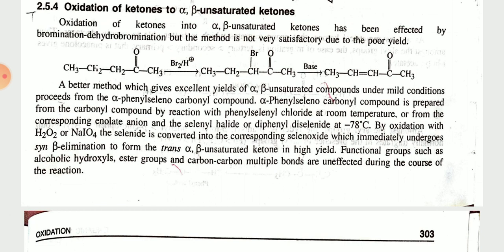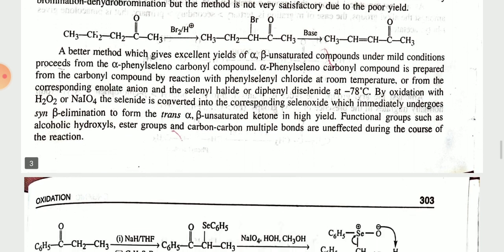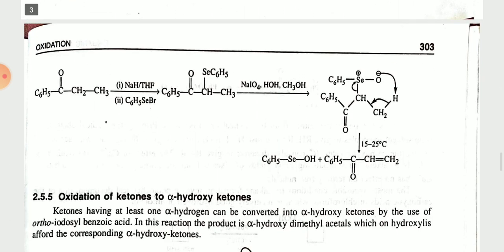Okay, so this kind of reaction is carried out at minus 78 degrees, and by oxidation with H2O2 or NaIO4 it can be converted into the corresponding selenoxide. Okay, which immediately undergoes syn beta elimination to form the trans alpha beta unsaturated ketone in a high yield. So here you can see the mechanism of alpha beta unsaturated ketones.